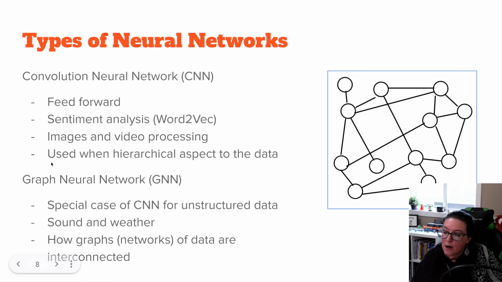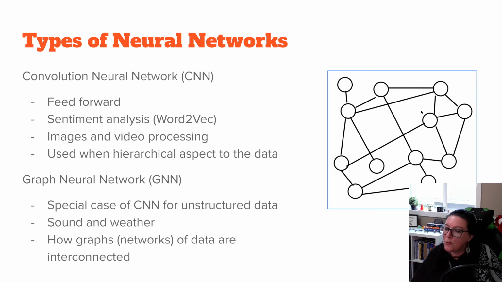There's a special case of convolution neural networks called graph neural networks. So you recall our videos on network or graph theory, graph models. And so you can actually do neural networks with graph models. Like here we have nodes and edges that show how information or events impact other events or people, so the spread of information, the spread of disease.